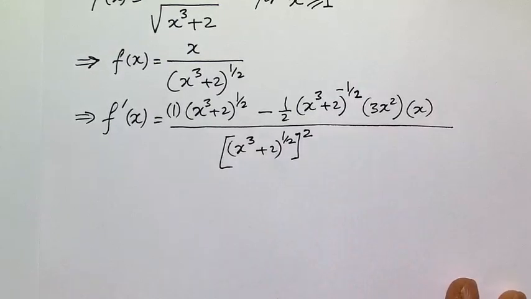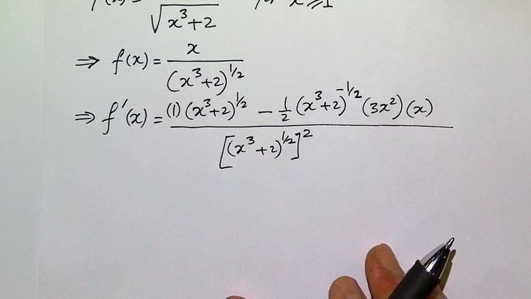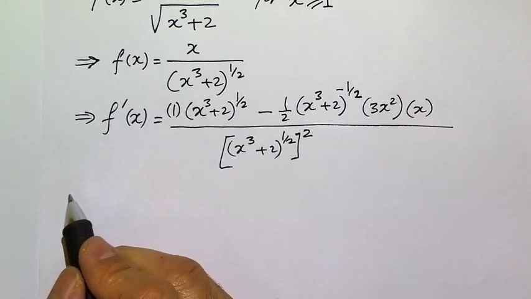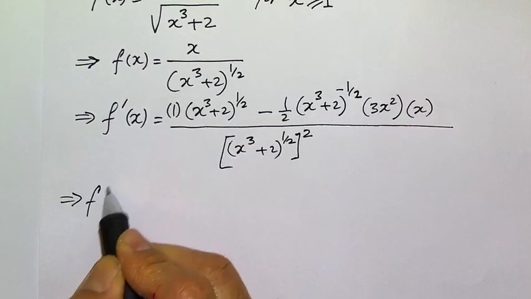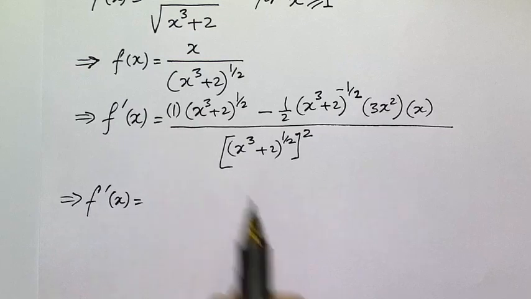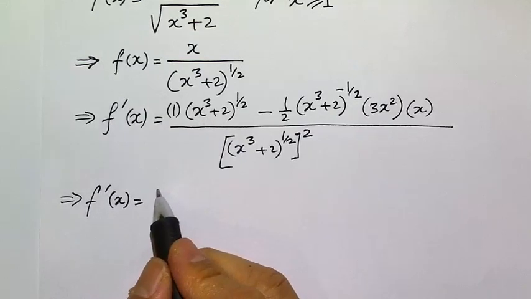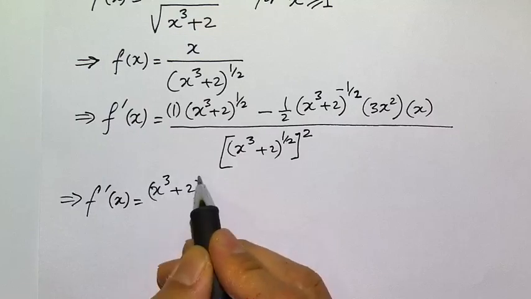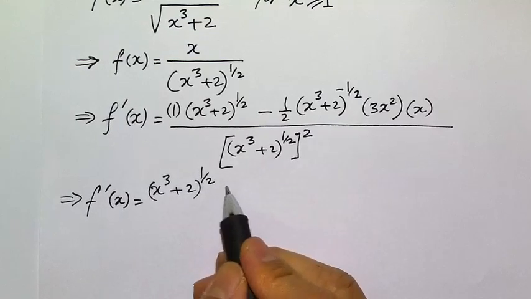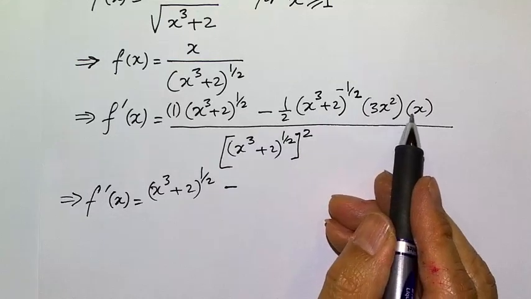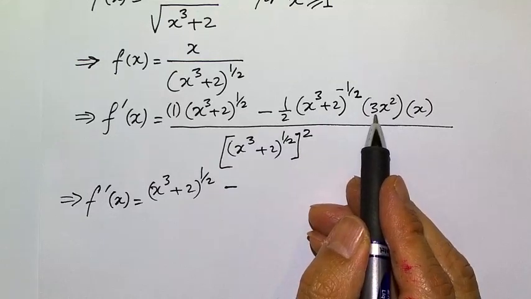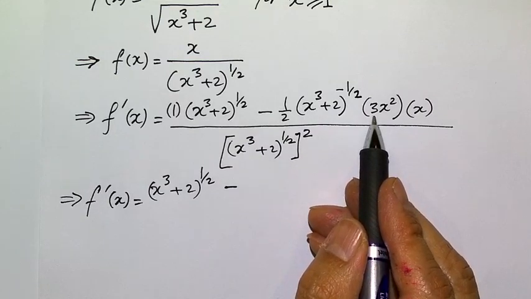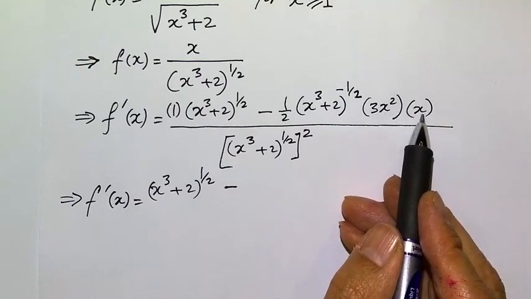All right, so as you can see, we have plenty of simplifications to do. So let's do that. We have x cubed plus 2 to the 1/2 power, and then minus 1/2, and then 3x cubed there, right?